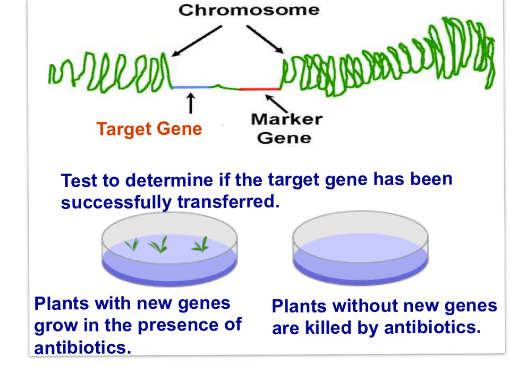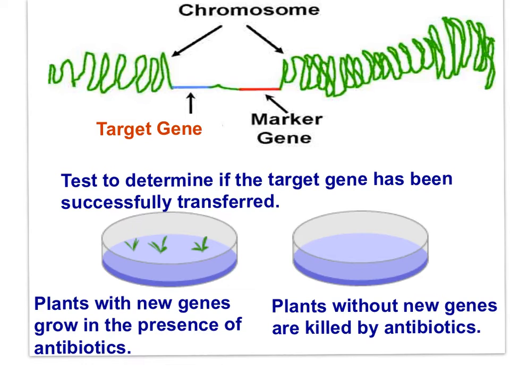In the process of building transgenic species, the target gene is inserted into host DNA alongside a gene known as a marker gene. One type of marker gene would be a gene that confers antibiotic resistance.